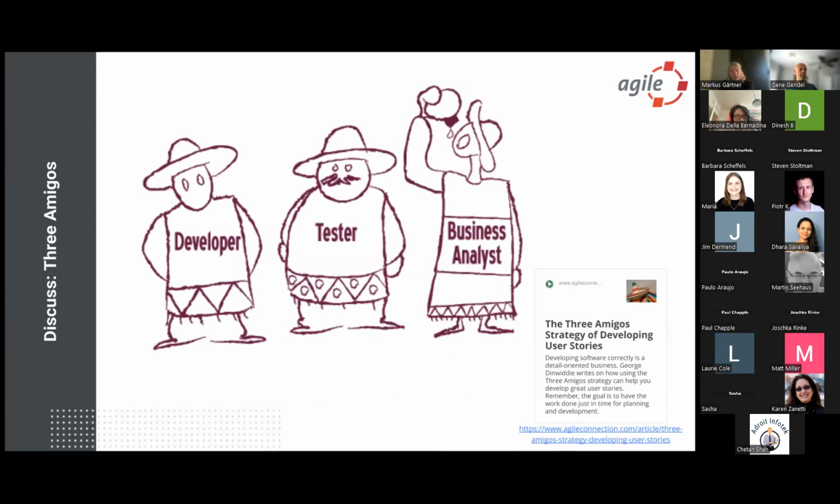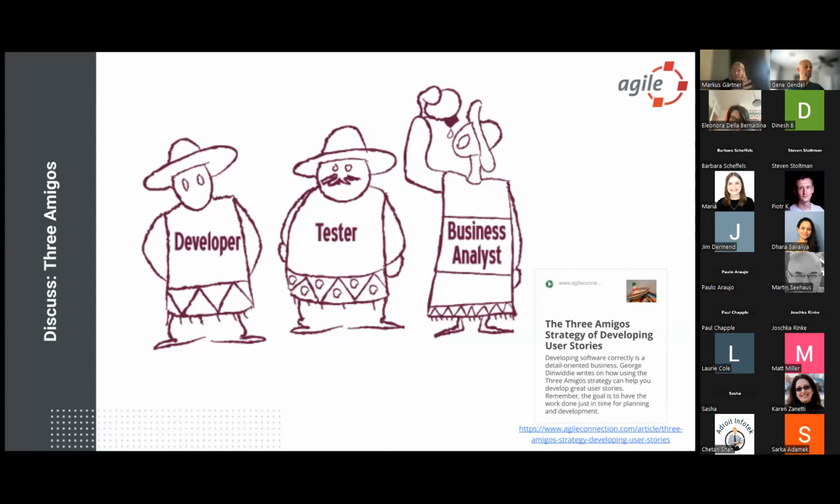Sooner or later, if you dive into the literature, you find the original blog entry from George Dinwiddie, who said you basically need at least 3 amigos. You need someone from the business side, depicted here as the business analyst. In my previous company, the product manager of the product represented that part.